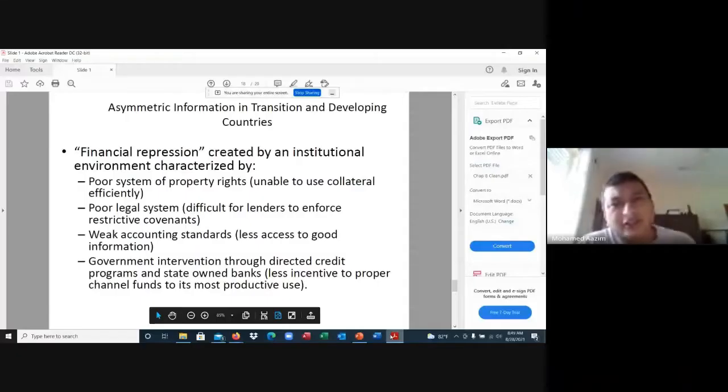Former East Germany and that bloc, right? So that's why transitional countries were talked about in the past, but now it's more or less developing, and you can call them emerging market economies. Emerging market economies are much more market oriented, right?